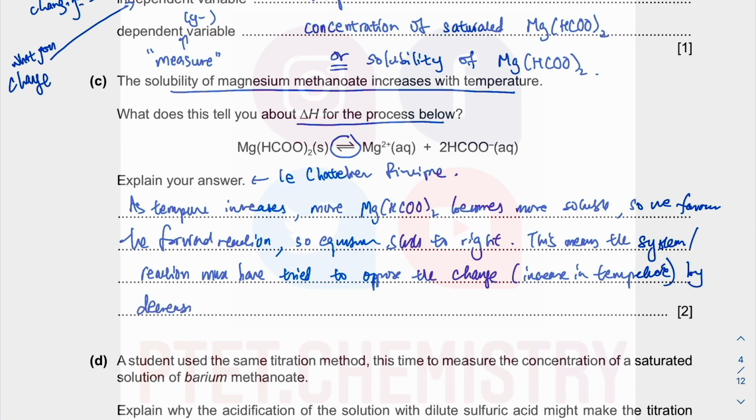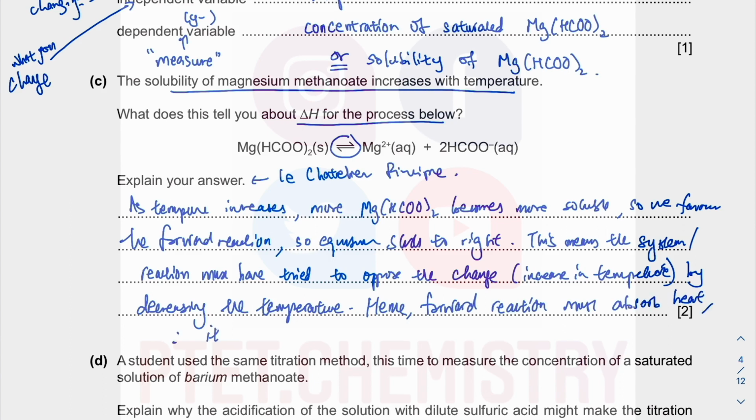That is your Le Chatelier principle. So it goes forward to decrease temperature. So it shifts to the right to try and decrease temperature because it wants to oppose the change, which is increase in temperature. Hence you can say the forward reaction must absorb heat. The forward reaction must absorb heat.